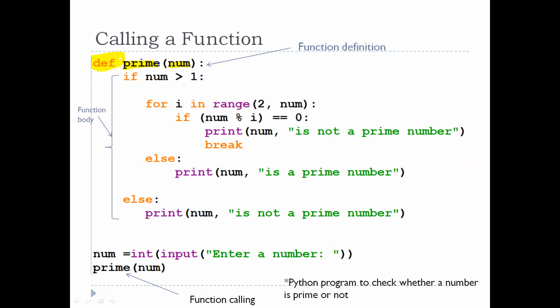After giving the function name and the parameter in the parentheses, we write the colon. Whatever is written after this colon is the function body, which I just explained, whatever this task is implementing.